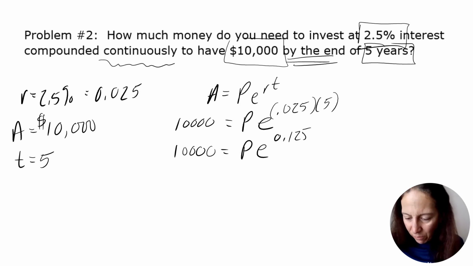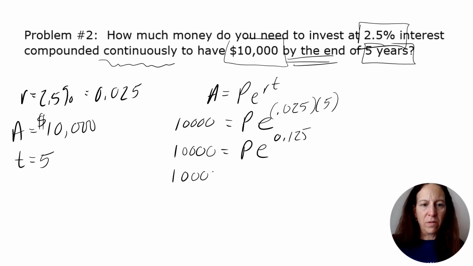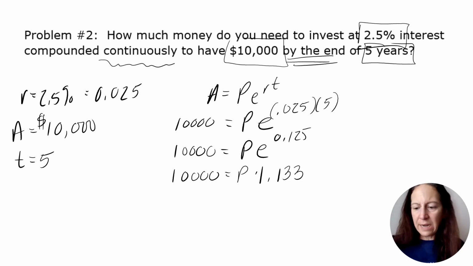So I'm going to figure out what that number is. I need to find an e on this calculator. There it is, e to the 0.125. And that number is 1.133. And we'll kind of leave it at that.